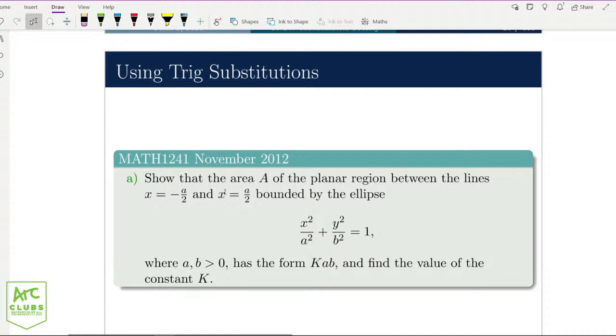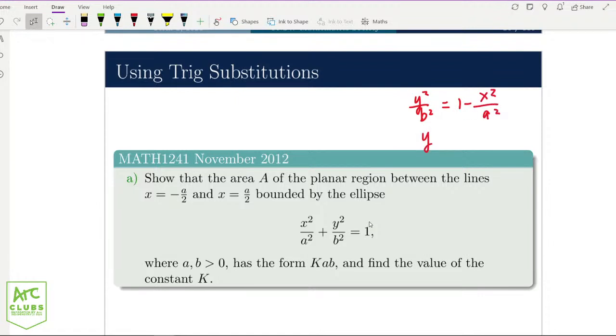If you remember, we can find the area of a region using integration. If we rearrange this expression so that we end up with y as the subject, we have y squared on b squared is equal to 1 minus x squared on a squared.